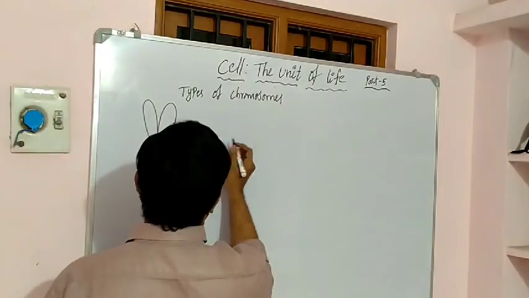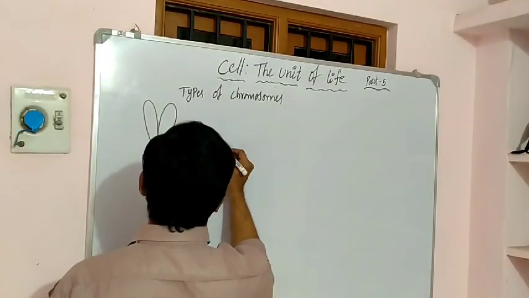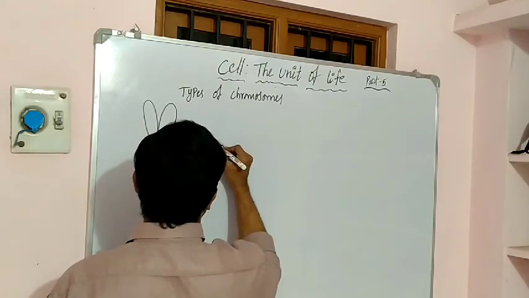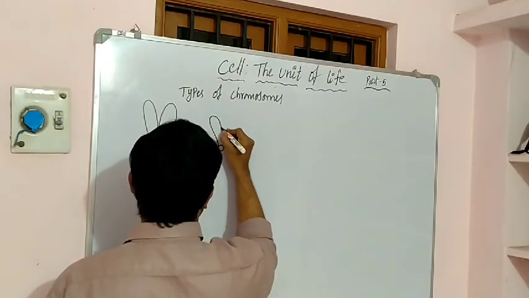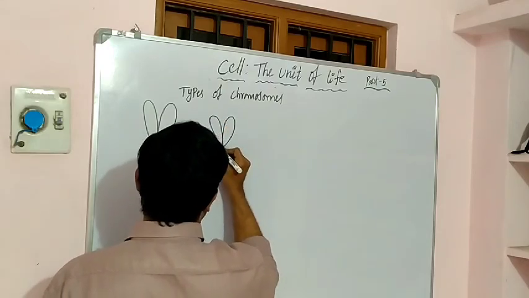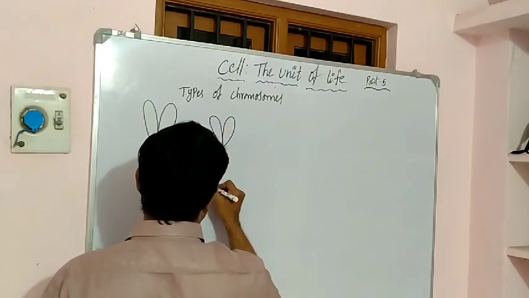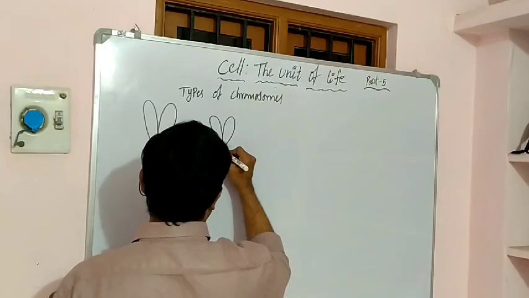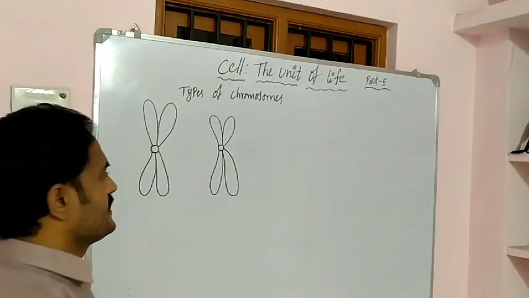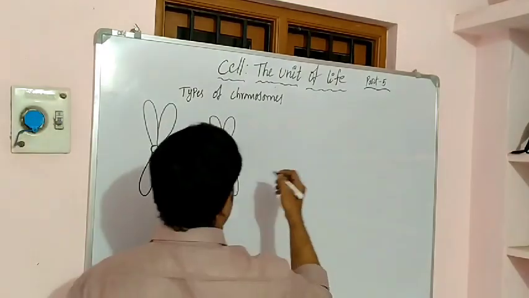Then some other types I will also draw here. See, this is the second type of chromosome.